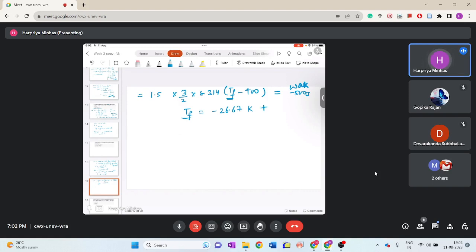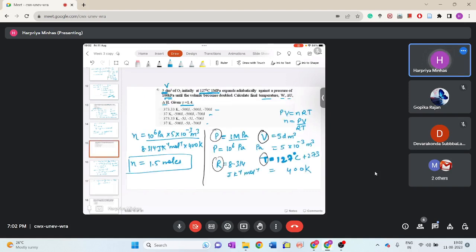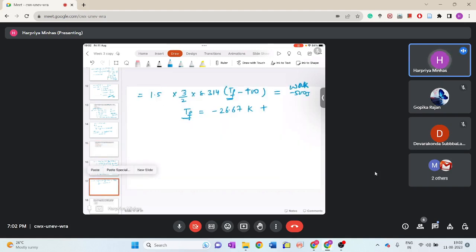Now adding the initial temperature, 127 degrees Celsius, that is 400 Kelvin, to this equation. Now the final temperature we got is 373.33 Kelvin.